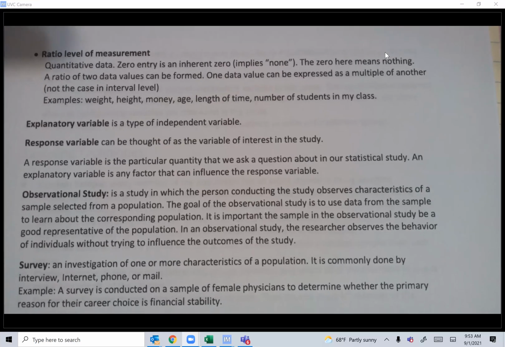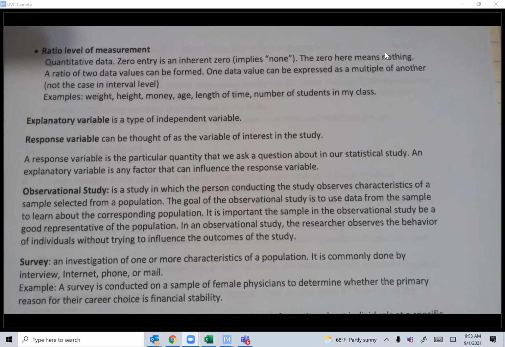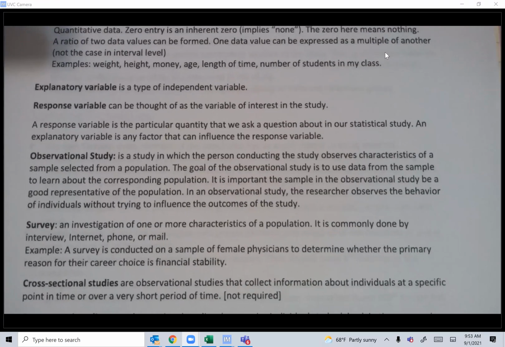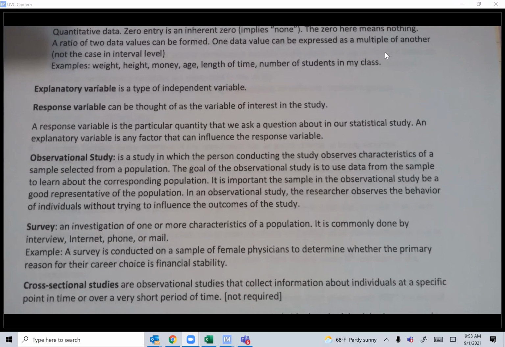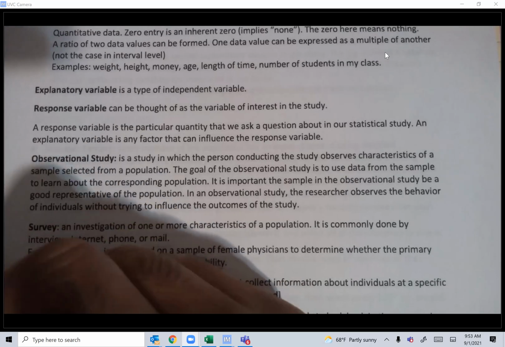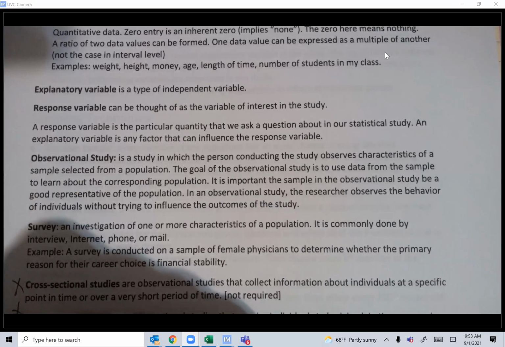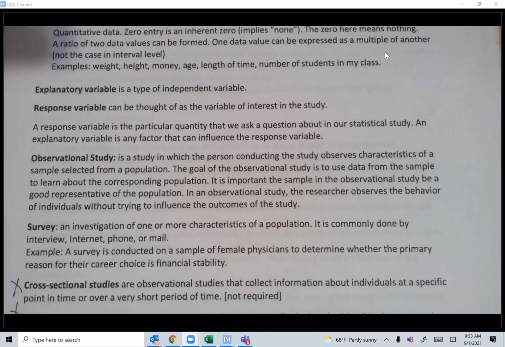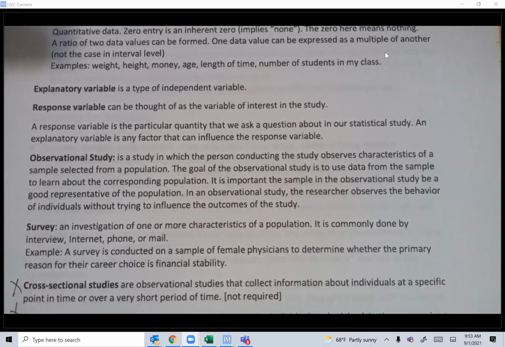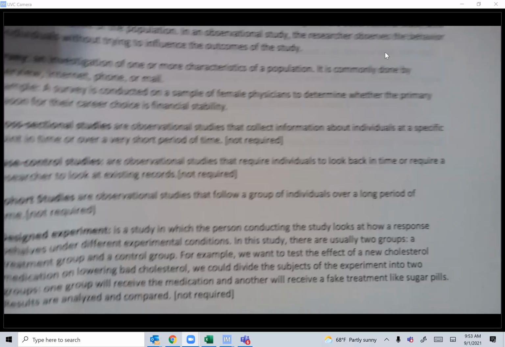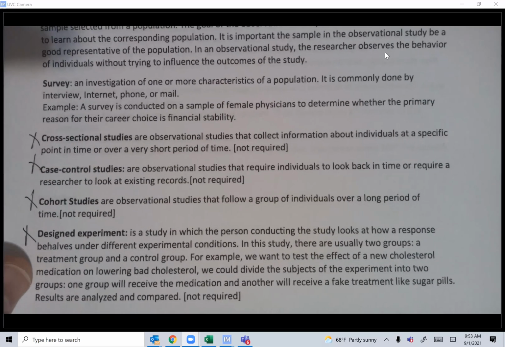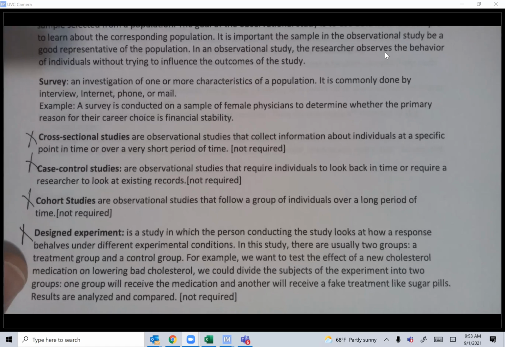Methods of collecting data. How do you do that? Observational study. This we didn't talk about, so you don't have to worry about it. I just put it there for more information. Whatever we discuss, that's what you will be assessed on, guys.